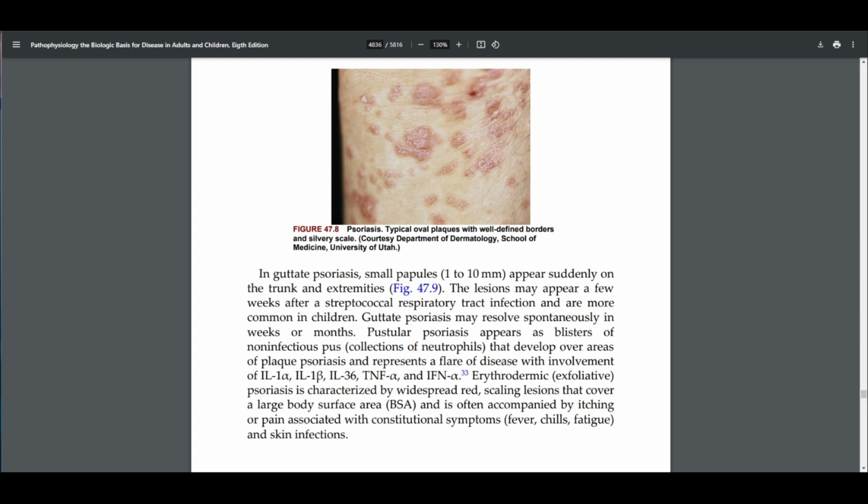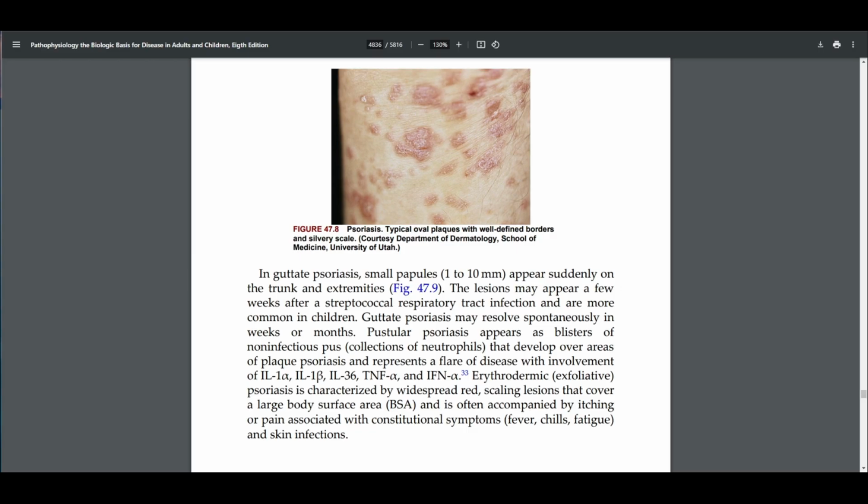Pustular psoriasis appears as blisters of non-infectious pus that develop over areas of plaque psoriasis and represents a flare of disease with involvement of interleukin 1 alpha, 1 beta, 36, tumor necrosis factor alpha, and interferon alpha.